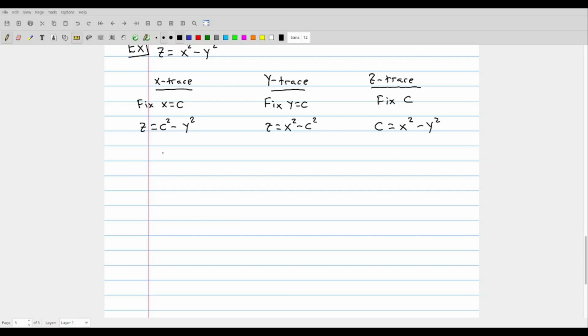Just like before, for each one of these cases, we can make a table, and that table is going to tell us everything we need to know regarding what this curve is for this trace. Here we'll do c equals -1, 0, and 1.